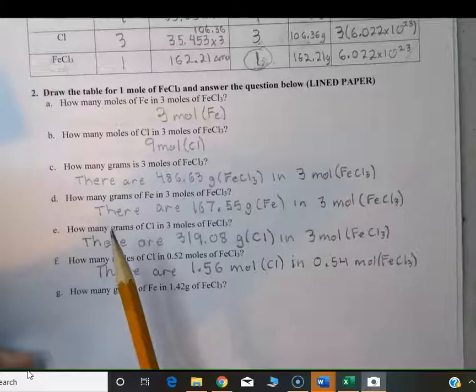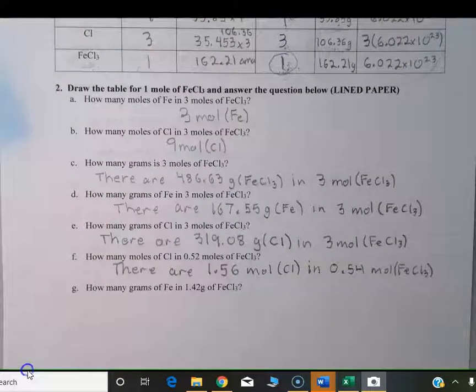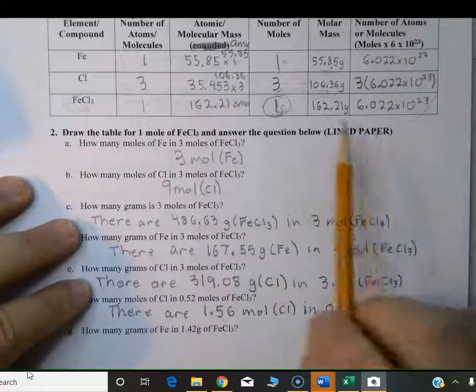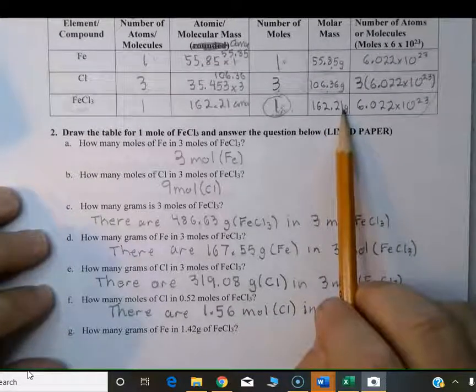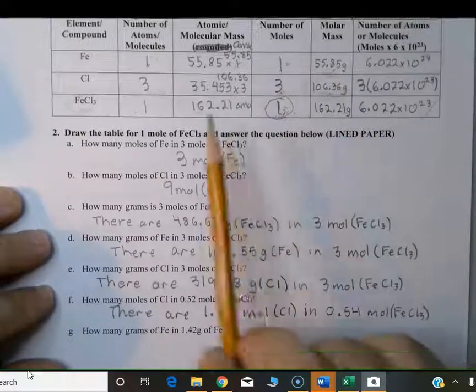All right, and finally, how many grams of Fe in 1.42 grams of FeCl3? Okay, so this one requires a little bit of your math knowledge. So let's look at what's going on up here. For every 162.21 grams of FeCl3, I need 55.8 grams of iron.